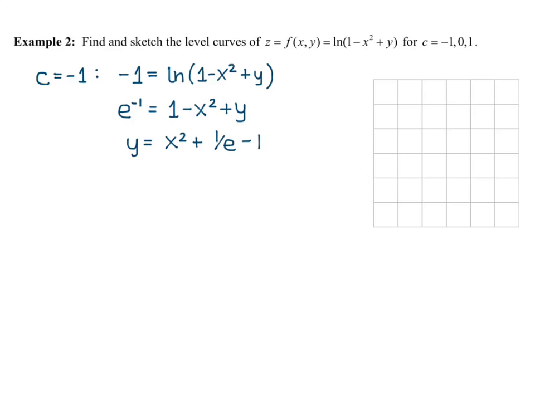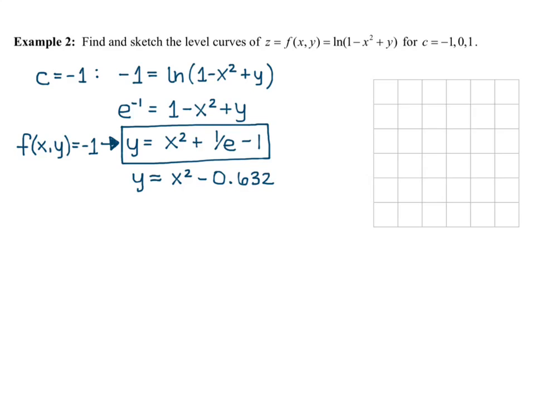Now we know that e is just a constant value, approximately 2.72. And so we get y is approximately x squared minus 0.632. But our answer for the level curve will be this exact one, y equals x squared plus 1 over e minus 1. So that's our level curve for c equals -1.